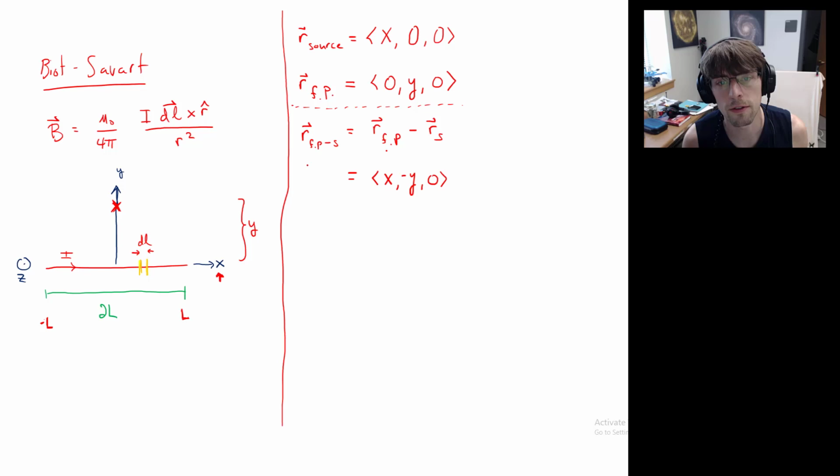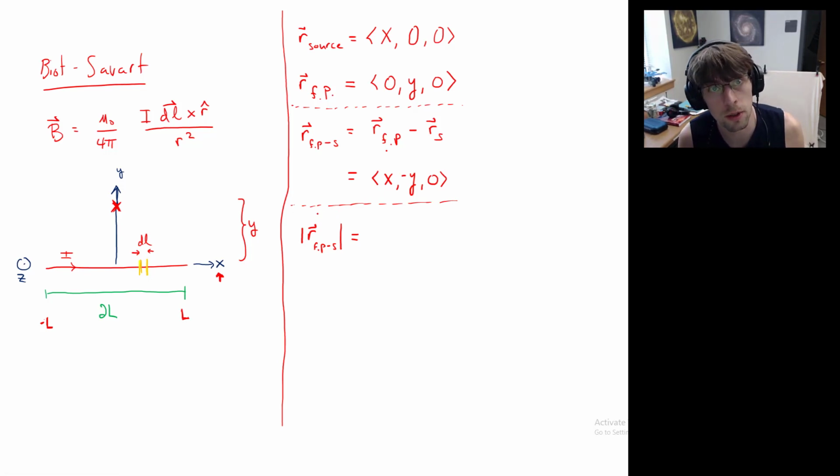Well, now that we have the relative position vector, we can find its magnitude. How we find the magnitude is that we take the square of each of the components and then square root it. The Pythagorean theorem is one way to think about it.